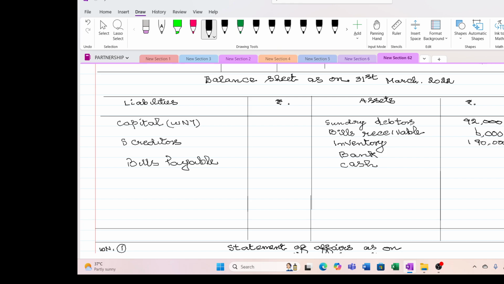Bank is 90,000, and your bills payable is 14,000, and sundry creditors is 56,000. Okay, I have posted all the balances into my balance sheet. So 92,000, 6,000, 1,90,000. Cash and bank, I have to put bank 87,000.